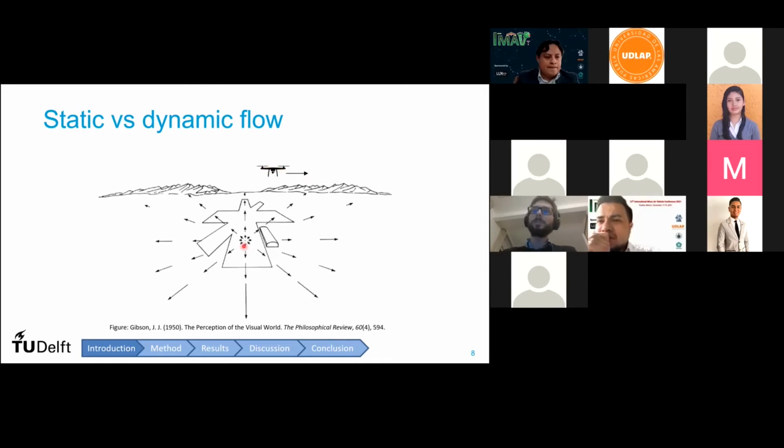If it was hovering, then it would point like this. But now this drone is moving and its flow is different than we expect from the static environment. And so we see a difference in angle between the flow of the drone and the flow that we would expect if this drone would be hovering statically in the air.